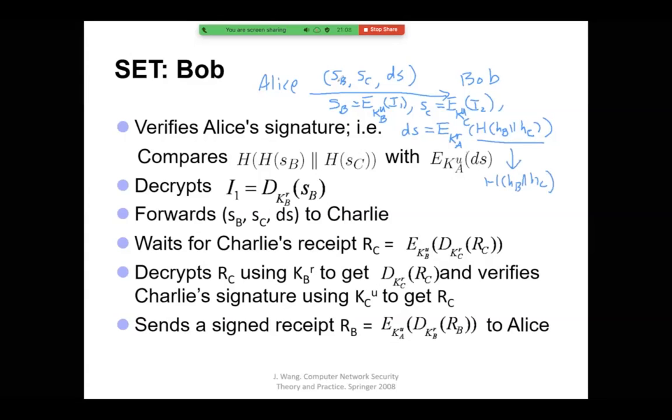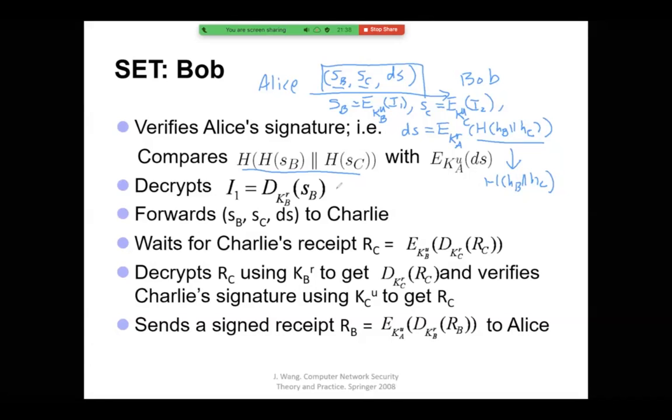Because Bob gets SB and SC as well, he will compare with this to see whether these two are the same. If they are the same, then Bob knows that this message indeed came from Alice.